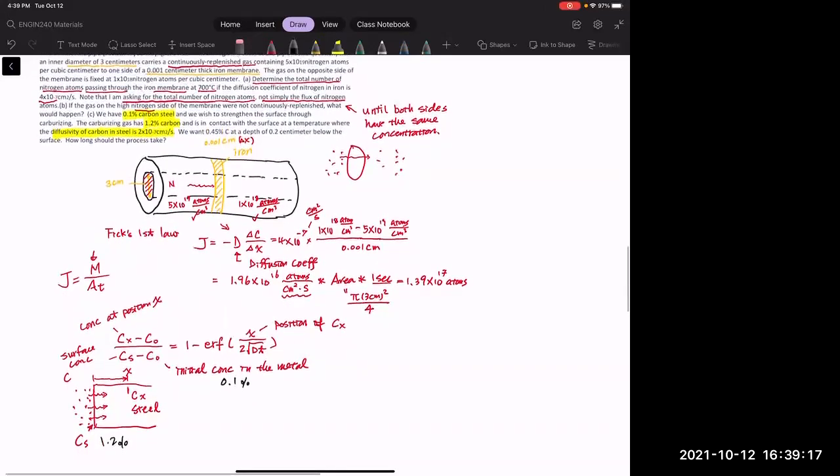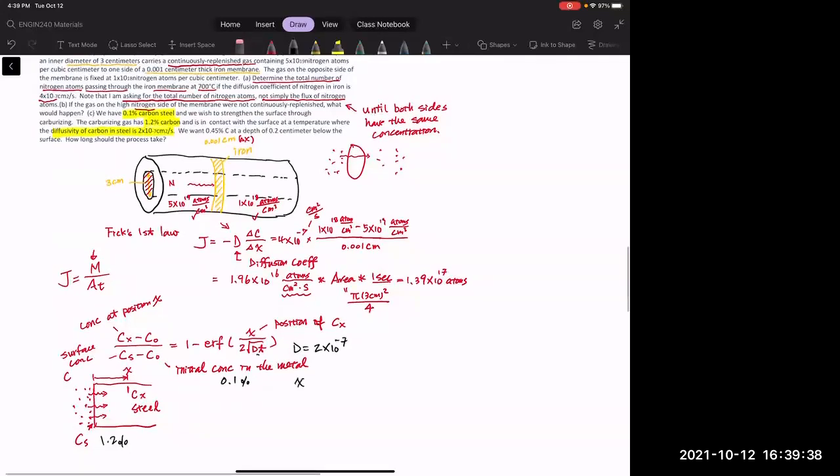Okay, and they give you the D. So the D over here is going to be 2 times 10 to the negative 7. And what else? They say we want 0.45% of carbon at a depth of 0.2 centimeter. So that tells you X is equal to 0.2 centimeter. And what does 0.45 mean? That means the Cx is equal to 0.45%.